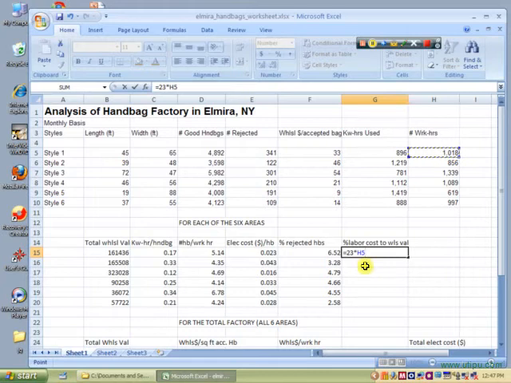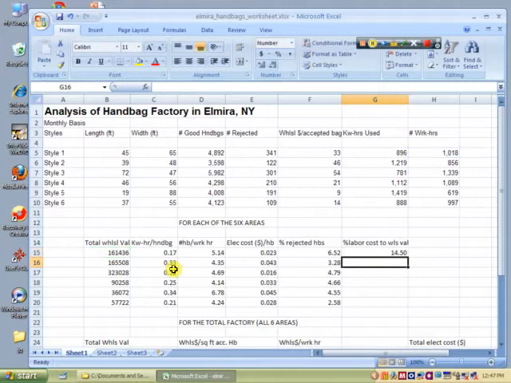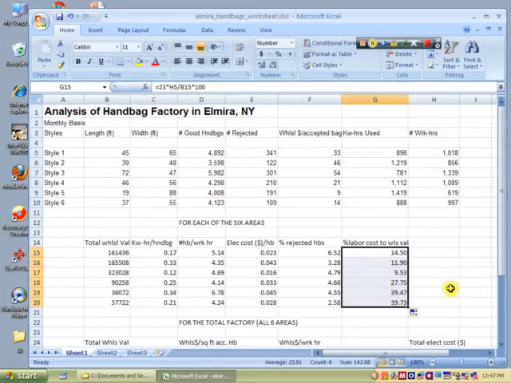And now we want that ratio to, or divided by, the wholesale value. And the wholesale value here is right here. That's your total wholesale value for style 1. Make a percent, so times 100. So there's the labor cost percentage to wholesale value, and then drag that on down.